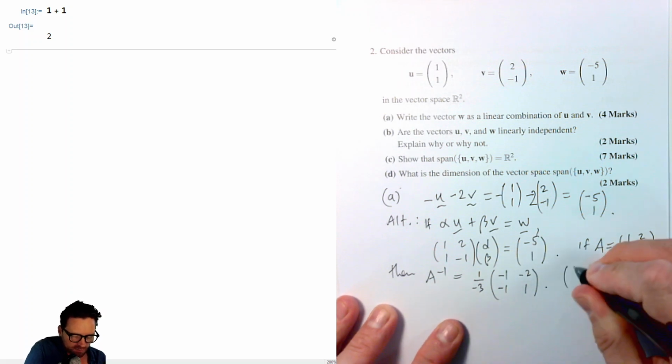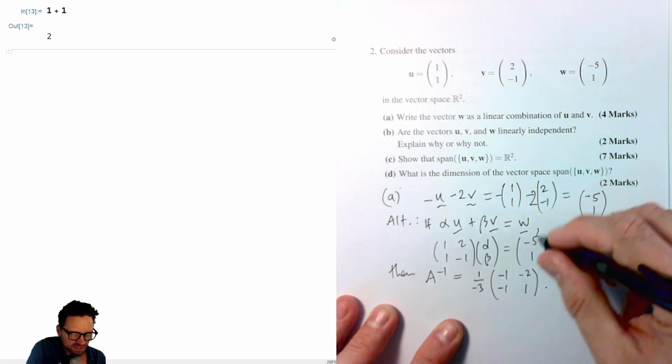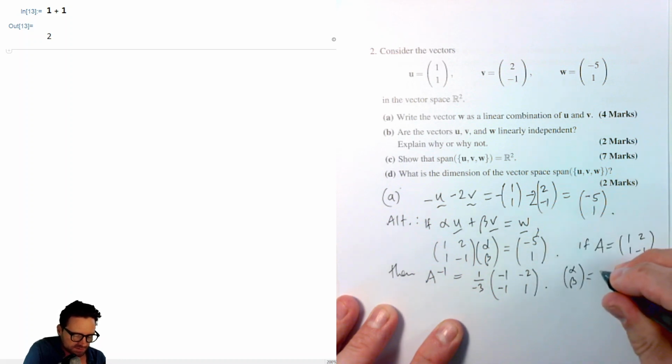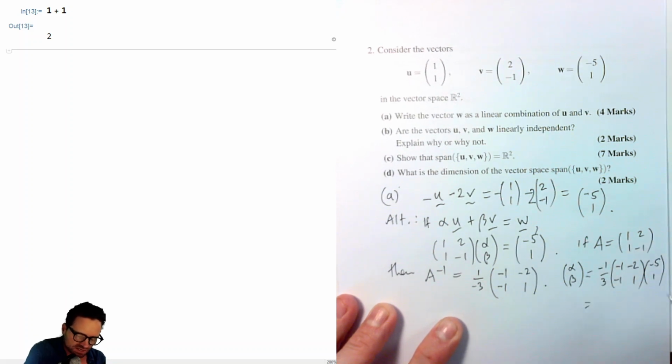And so alpha, beta is equal to A inverse times w. So minus 1 on 3, minus 1, minus 2, minus 1, 1, multiplied by minus 5, 1, which gives us, so 5 minus 2 is 3, and then minus 1 times minus 5 is 5, plus 1 times 1 is 6.